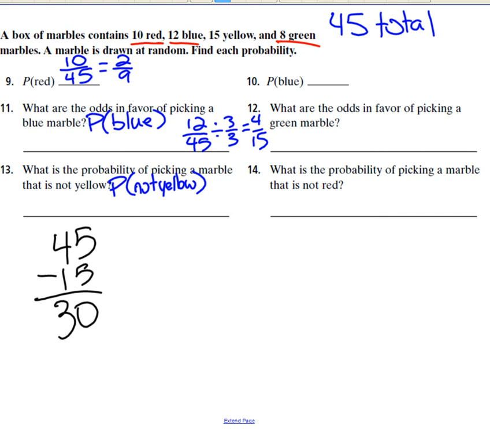Either way, you get 30. 30 out of what? We could divide it by 5, or we could divide it by... What else? Can't divide it by 10. 15. Thank you. All right. And if I said you could divide that by 6, I'm sorry, you can't do that. My bad.